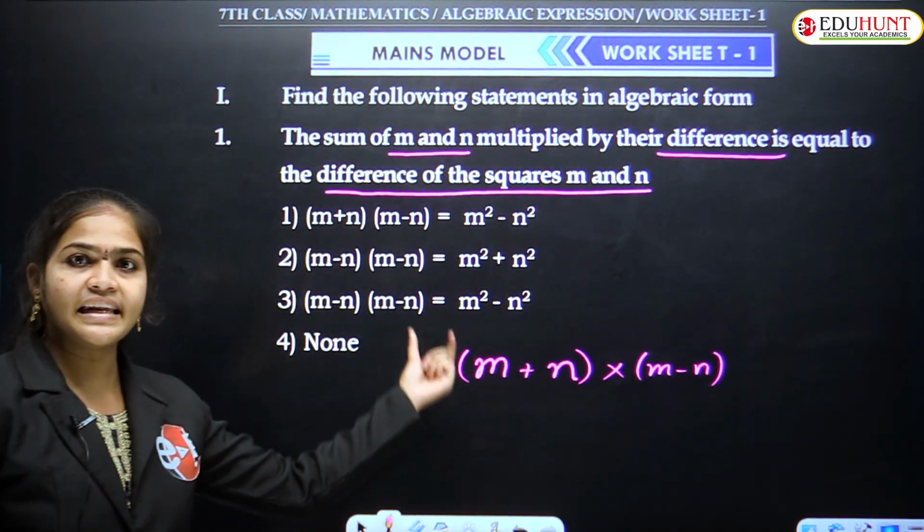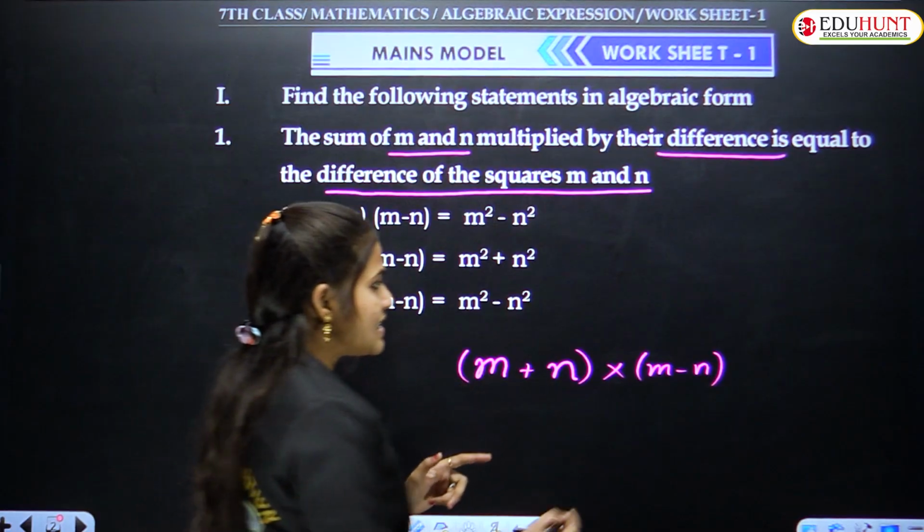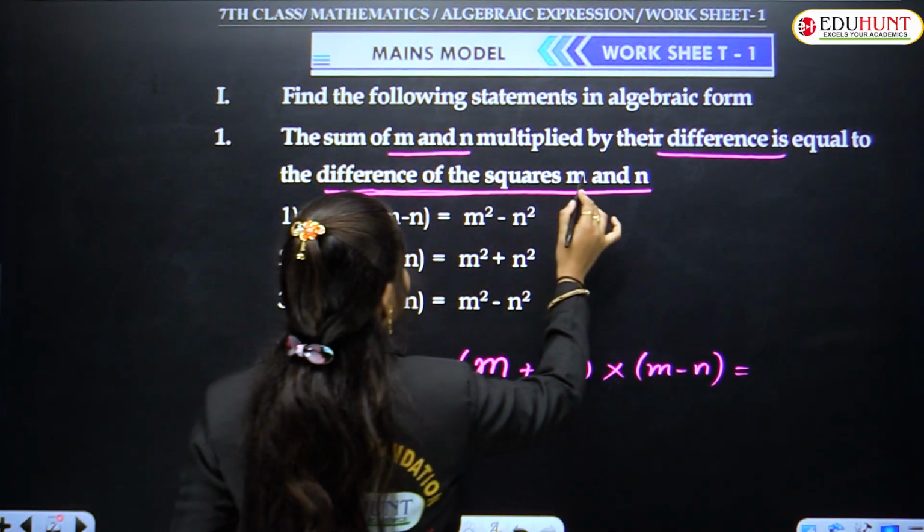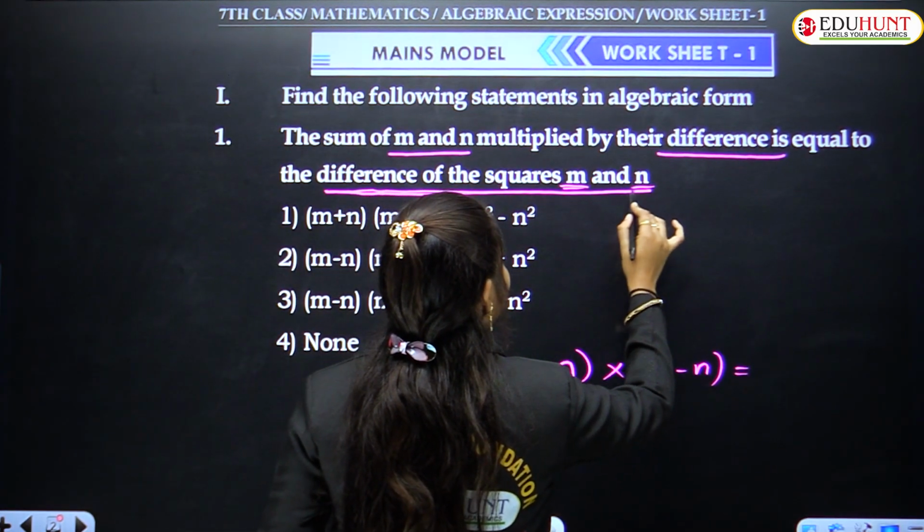So m plus n into m minus n, which is equal to the difference of the squares of m and n.